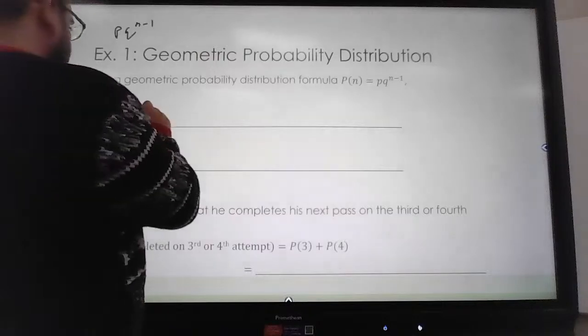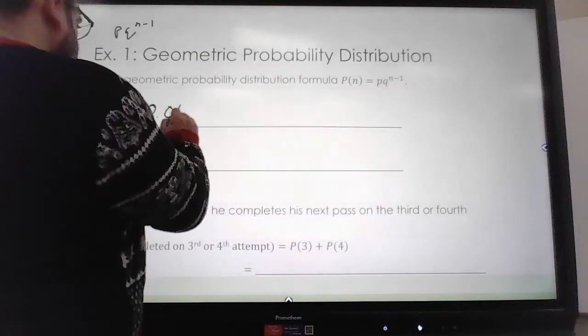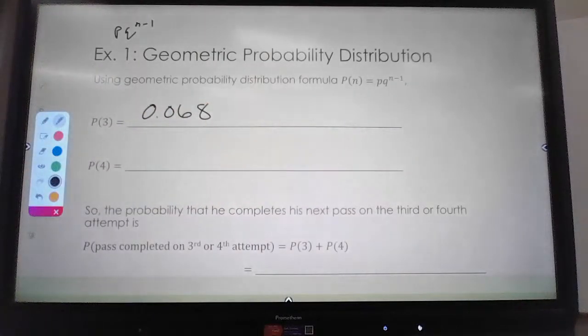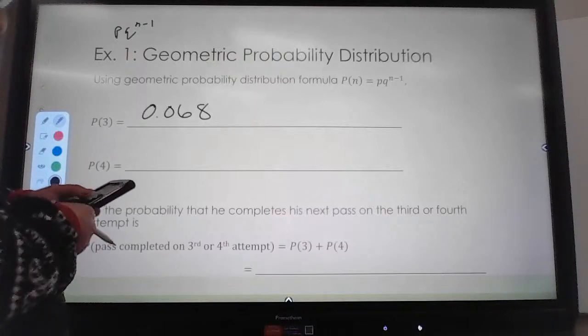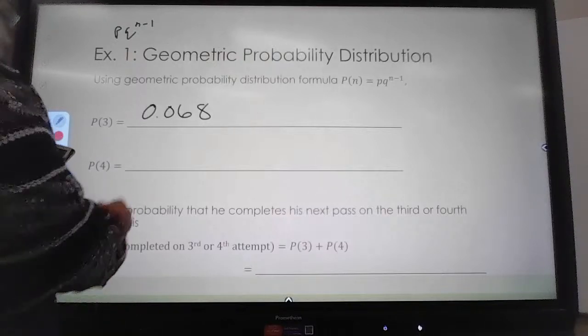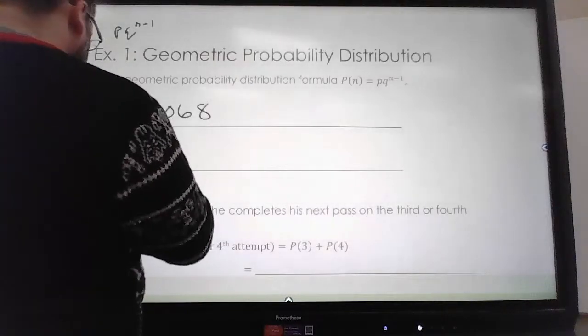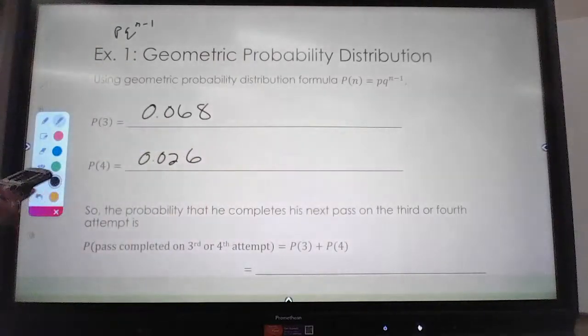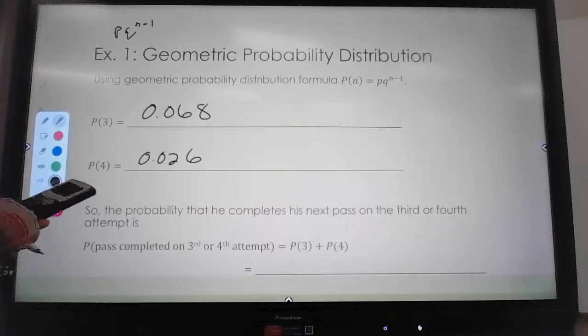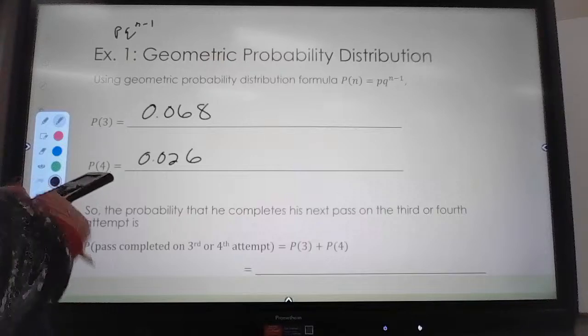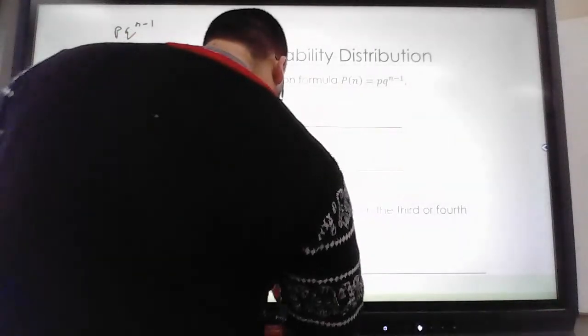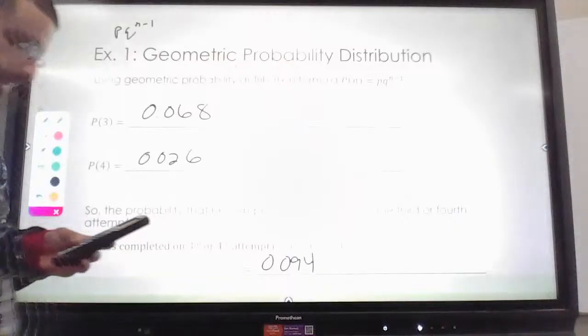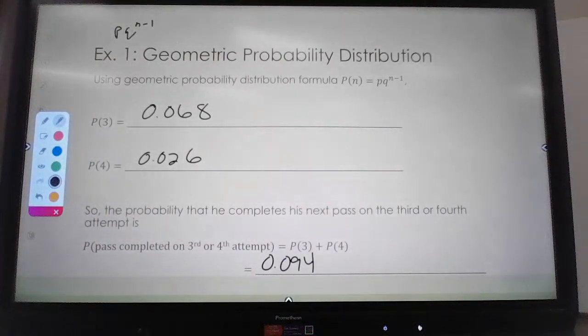And I get a value of 0.068. And then if I do the same thing but with a 4 instead, I end up with 0.026. So now I'm going to add those together. That's 0.068 plus 0.026, and I get a probability of 0.094. So about a probability of 9.4%.